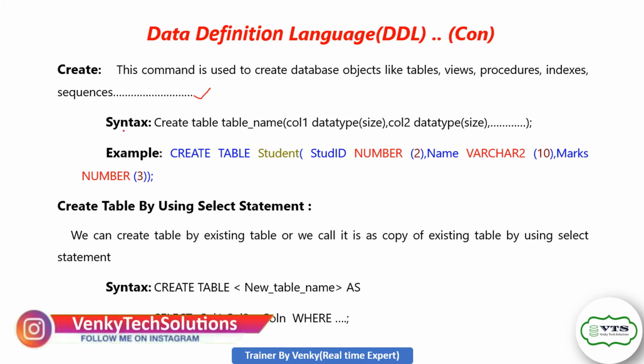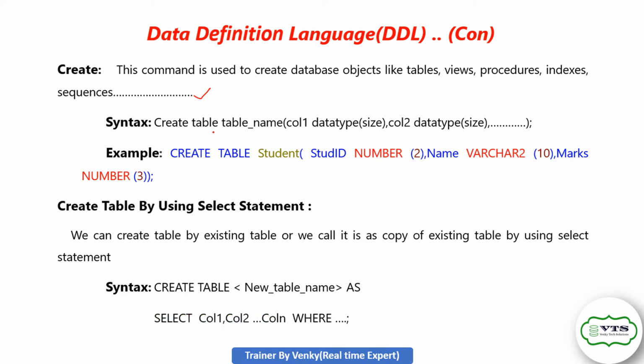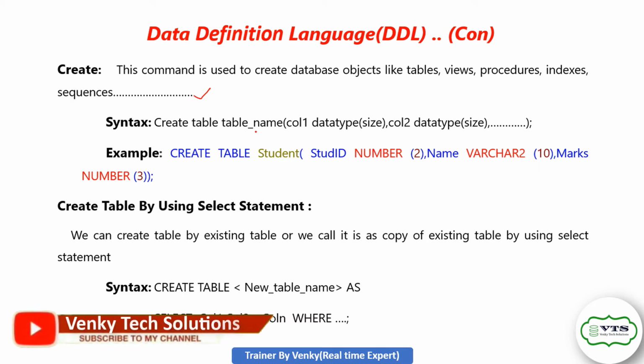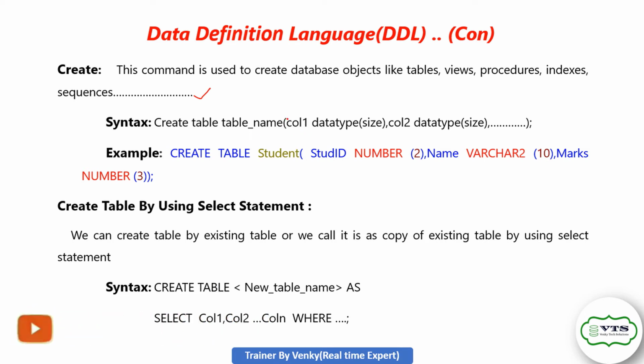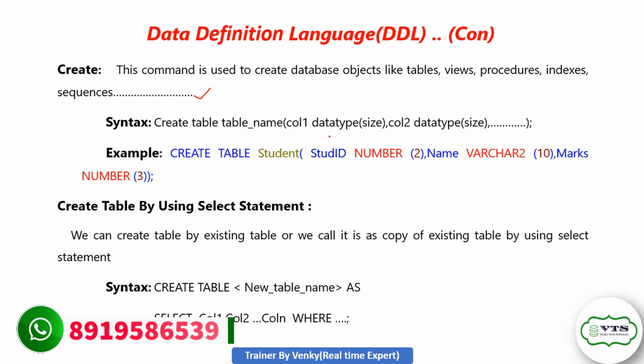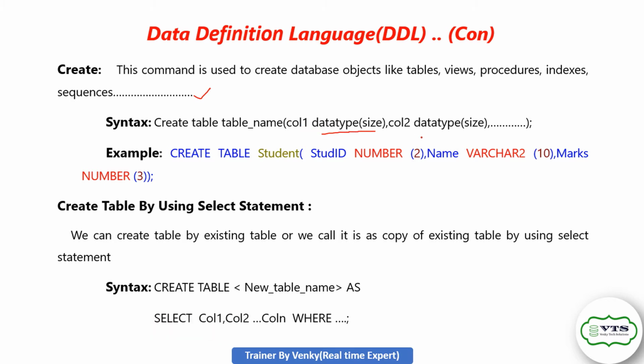To create a table, this is the syntax. Create is the command. Table is a keyword. Table name is the object name. I already showed you in my previous video how to declare the data types. So column 1 data type size, column 2 data type size.